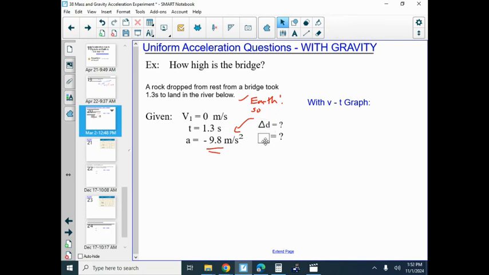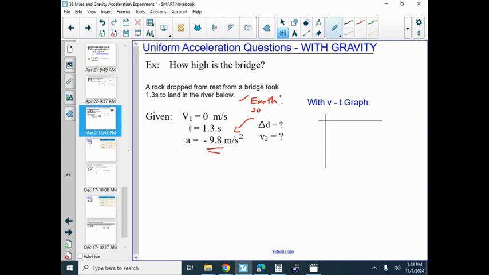So we could solve for the displacement and the final velocity. We can do that with VT graphs, and we can do that with equations. Okay, so let's carry that out, and we'll see how many we do as part of this video. I don't want it to be too long, but we have an initial velocity of 0 and a final velocity of something in the negative direction. So I'm going to modify my graph a little bit here.